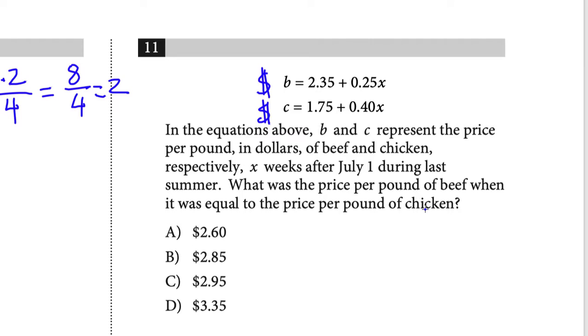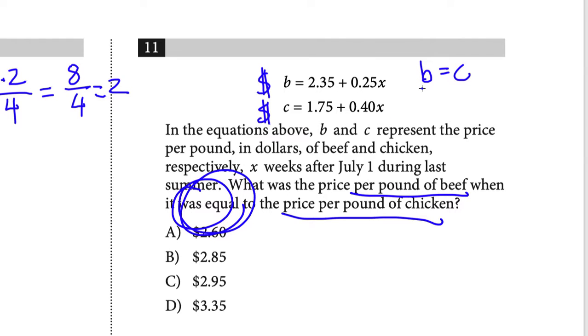So what I'm going to do here is set these two equations equal to each other, saying that their prices are equal. If I say that B is equal to C, that's saying the price per pound of chicken and the price per pound of beef are the same. Well, what is B? What is C?